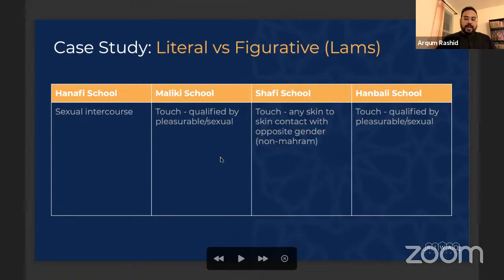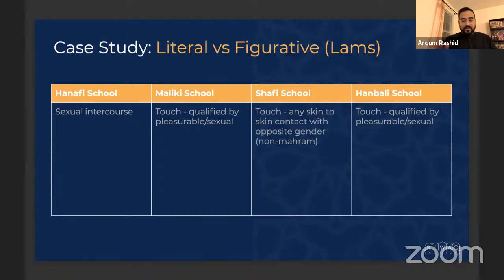All right, let's look at how these schools understand this word. According to the Hanafi school, this word in this ayah specifically means or is referring to sexual intercourse. The Maliki school, it means touch, but qualified by pleasurable or sexual in nature. The Shafi'i school, touch, any skin-to-skin contact with opposite gender.